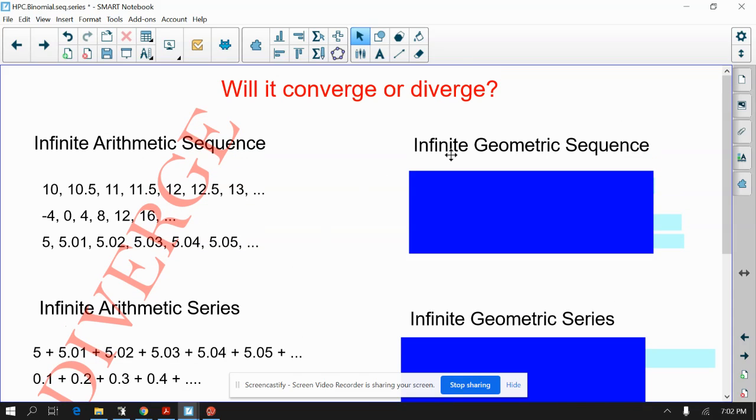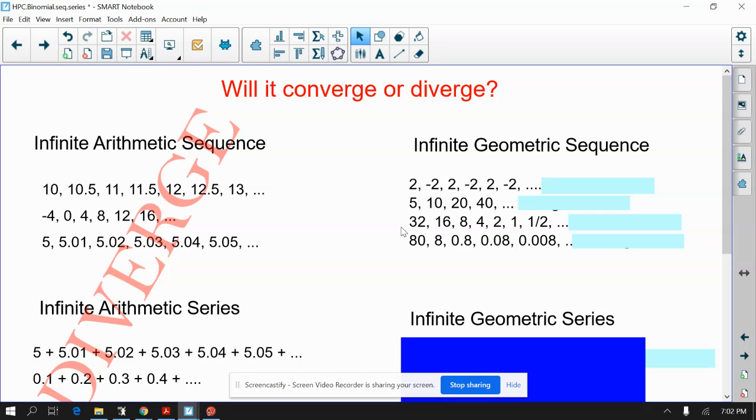That's not the case with geometric sequences. So here are 4 sequences. Do they converge or diverge? This first one, 2, -2, 2, -2, you are always multiplying by -1. Now, again, if you were to expand this out, hundreds and hundreds of terms into the future, will you eventually reach a spot where you're just writing the same number over again?